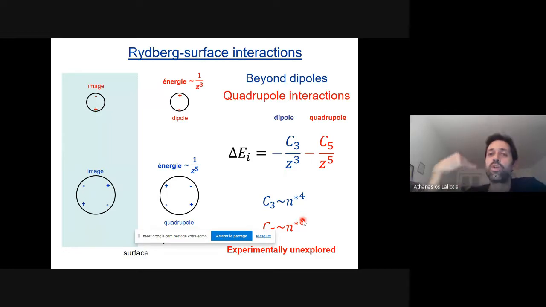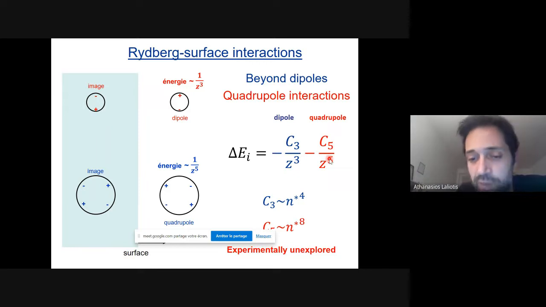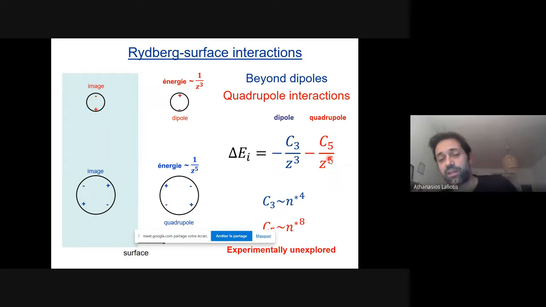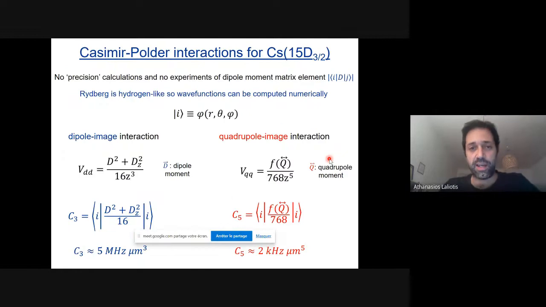So when you increase n, you put yourself in a situation which is more favorable if you want to demonstrate such higher order terms, that have never been experimentally explored before. So this is the idea of the experiment. This is why we think it's interesting.